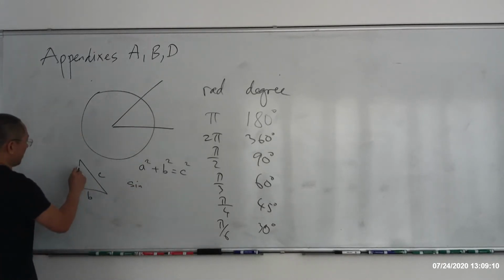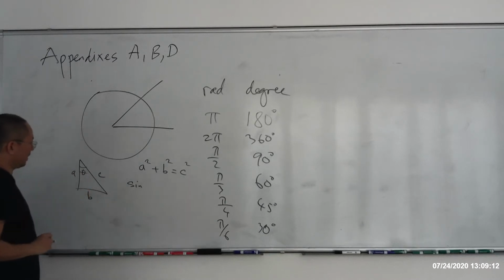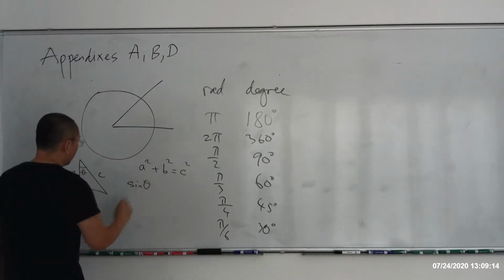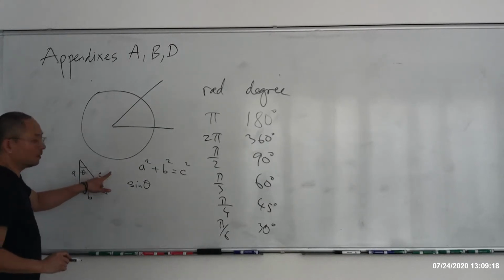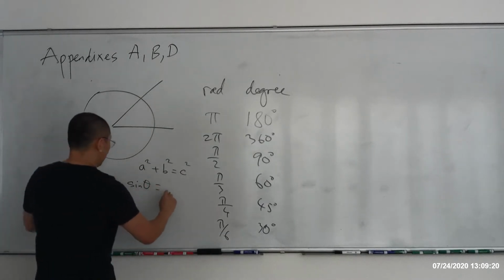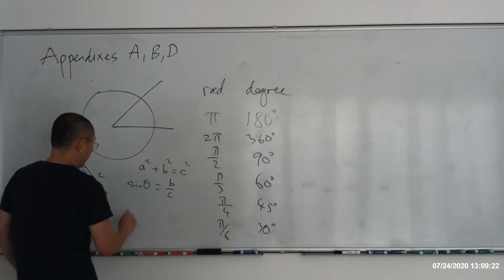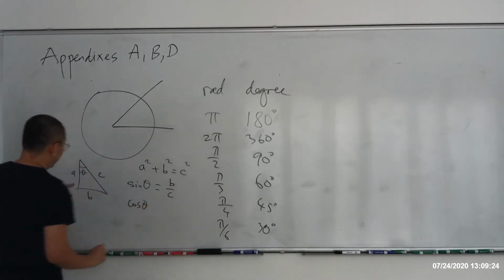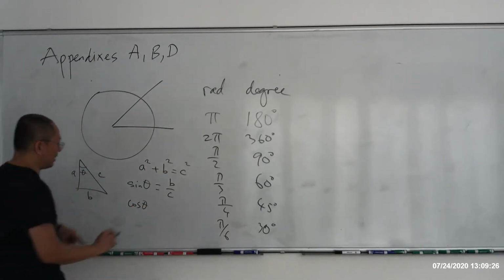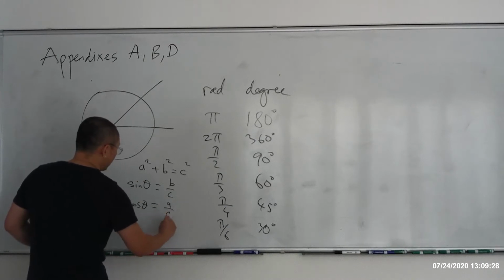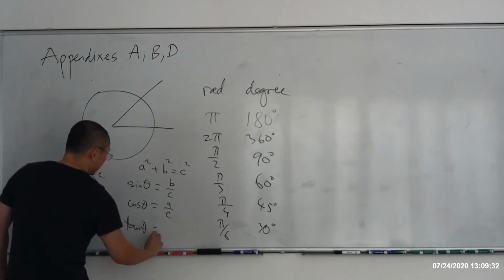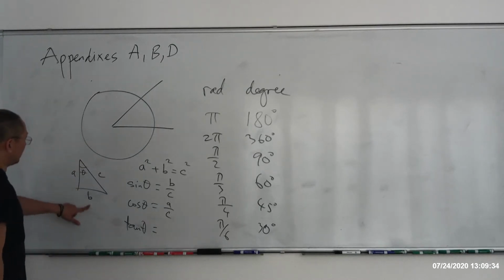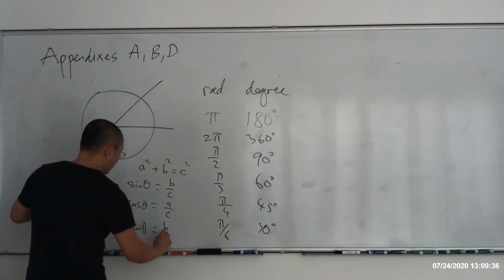Let's call this angle right here theta. Okay? So sine of theta. Sine is opposite over hypotenuse. So B over C. Cosine of theta. Cosine is adjacent over hypotenuse. It's going to be A over C. And then tangent of theta is going to be opposite over adjacent. It's going to be B over A.